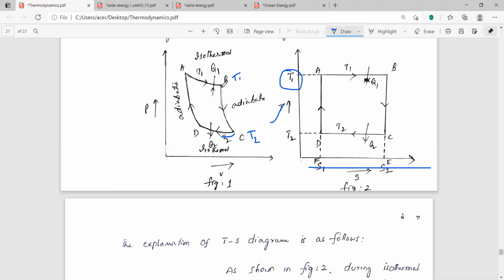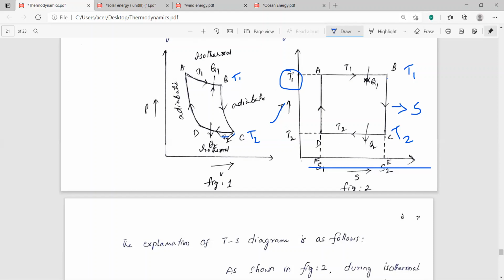At the same time, the entropy is constant from B to C. That is why this same curve can be shown like a straight line from B to C, which is parallel to the y-axis. Here the temperature changes from T1 to T2, and in this entire process entropy is constant. That is why this will become a straight line which is parallel to the y-axis.